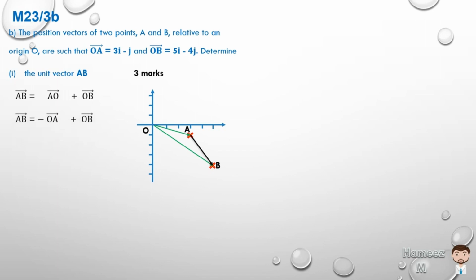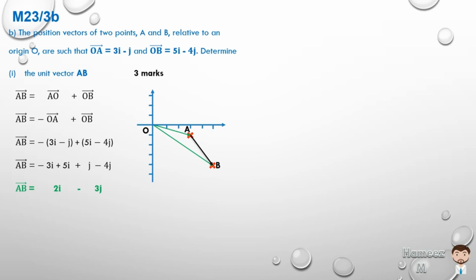AB is equal to minus OA plus OB. And we can substitute. So AB is equal to minus, and what's OA? 3i minus j, plus OB, which is 5i minus 4j. If we expand, it'll give us minus 3i plus 5i. We keep the i's together, the unit vector in the x direction, plus minus j minus 4j. And we can simplify. So AB is equal to 2i minus 3j.